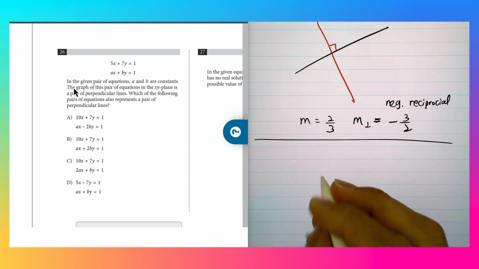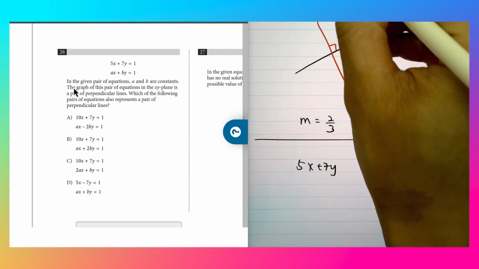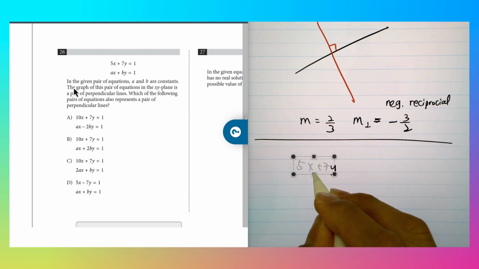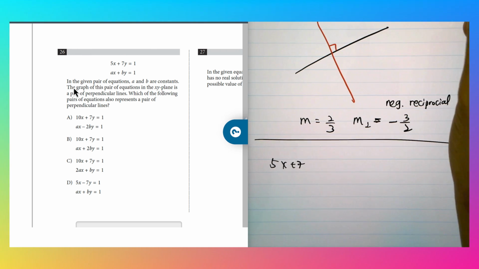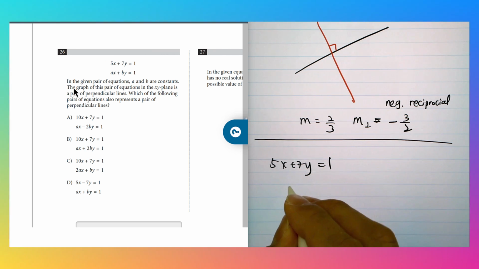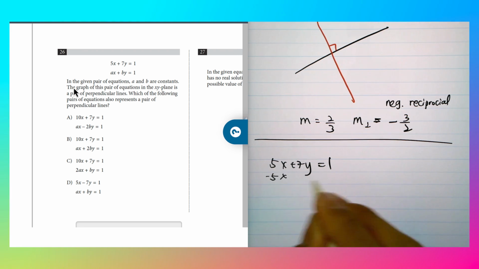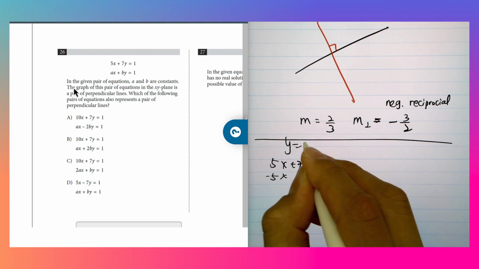classic way. So we have 5x plus 7y is equal to 1. Let's convert it to something you are familiar with, the slope-intercept form. So when I subtract 5x on both sides, my goal is to write this as y equals mx plus b.